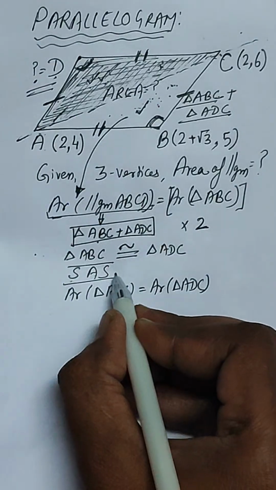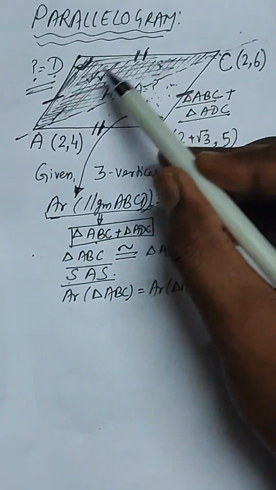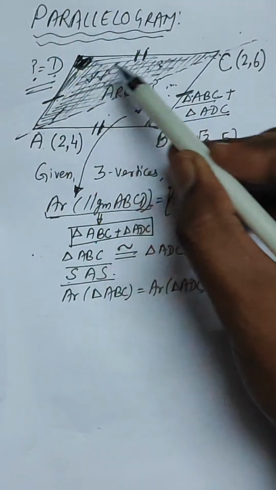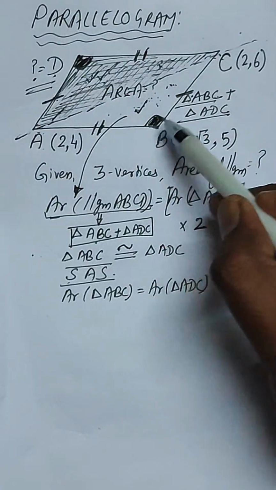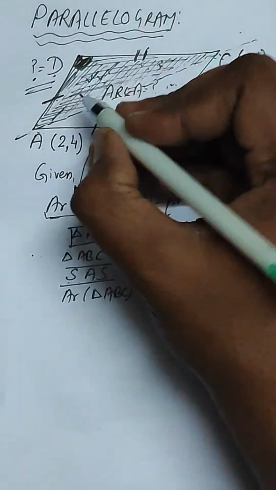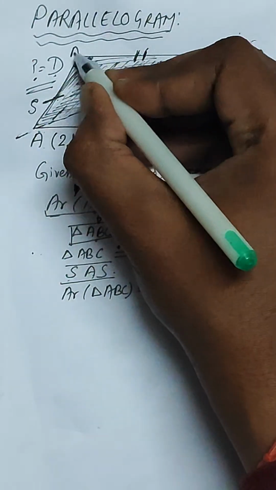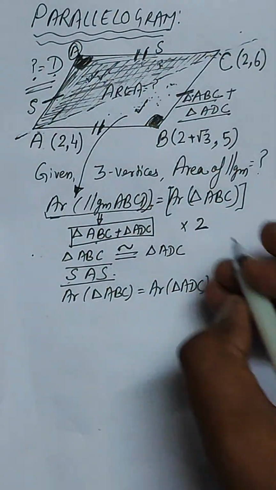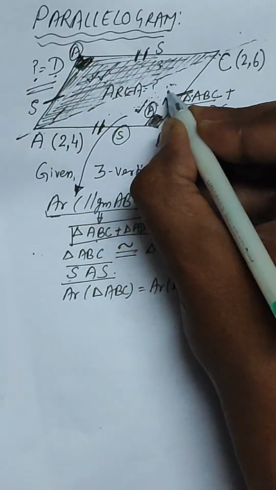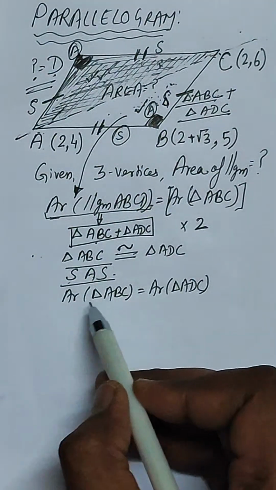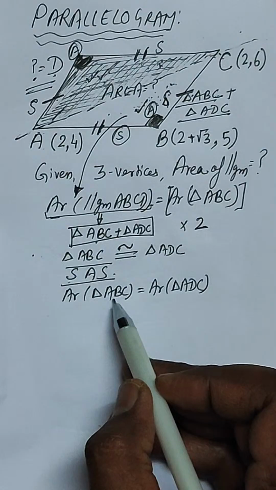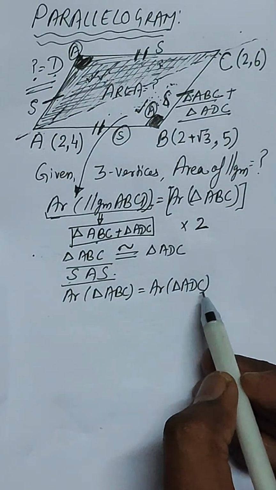One side is this, another side is this, and the angle is angle D, this one, and this angle B. Opposite sides are parallel and equal, so we follow side angle side. This is side, this is angle, and this is side. Here also, side, angle, side. So by side angle side we prove the congruency of the two triangles, and the area of triangle ABC equals the area of triangle ADC.